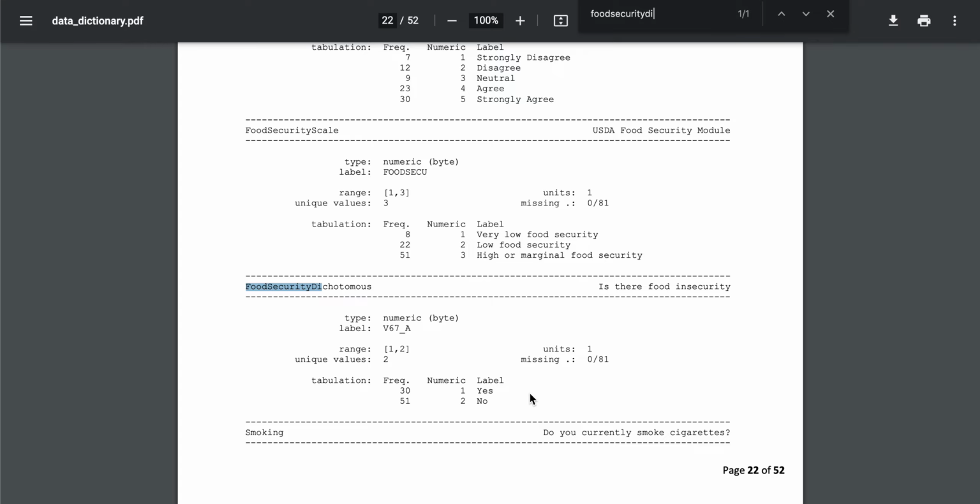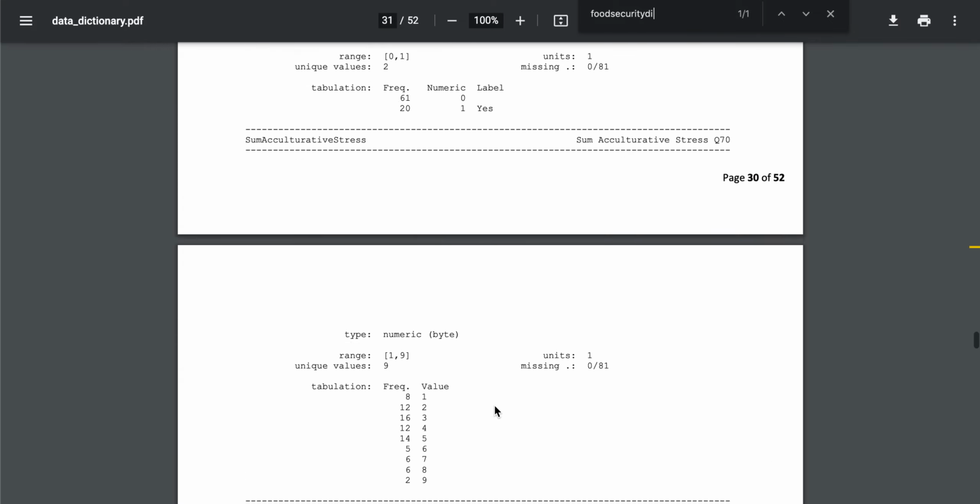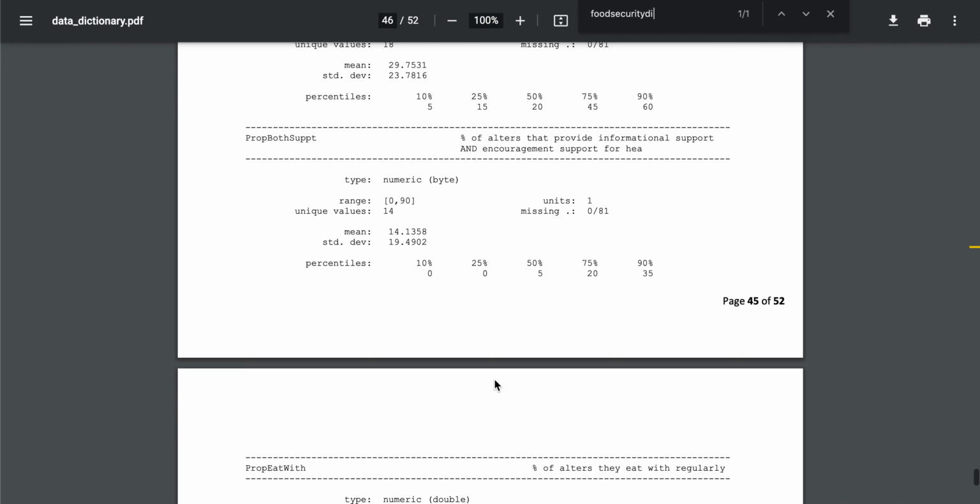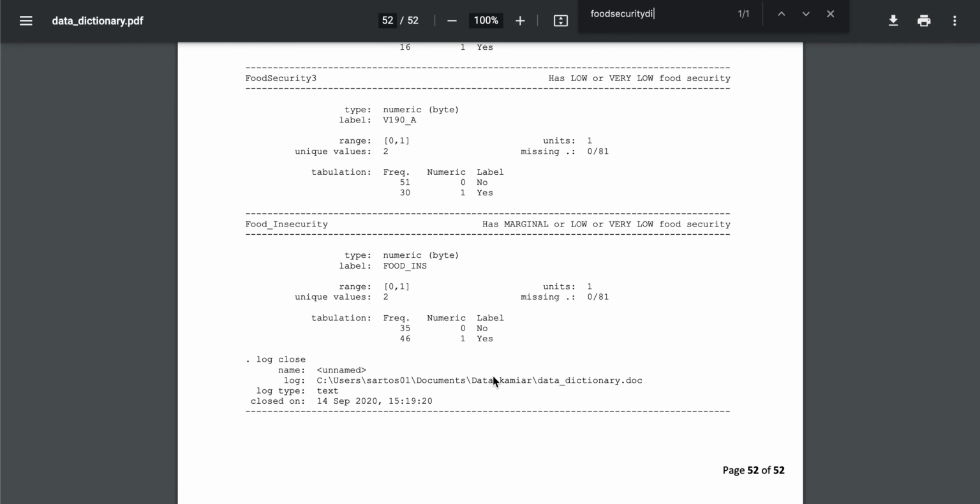Yes, no. 30 yes, 51 no. 35 no. Okay, so this is something, again, one should look into, see what's going on, which one is more. Oh, this is marginal. This is very low. Okay, got it.